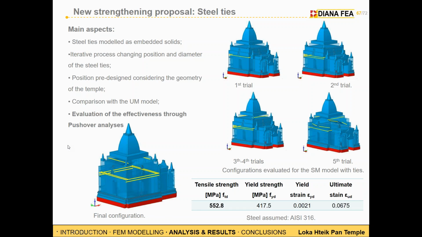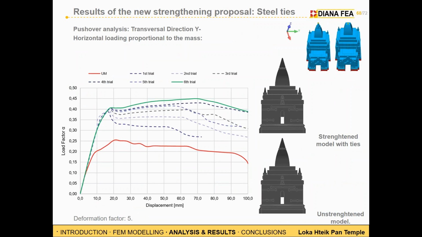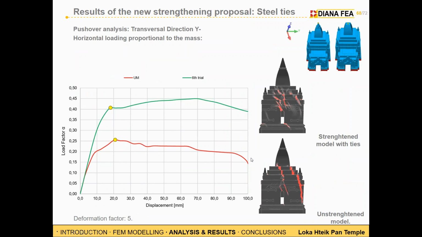And because of time, because I had to deliver my thesis, I could just perform pushover analyses that are quite a bit faster than dynamic analyses. And so, as we did for the previous monument, we can compare the unstrengthened configuration, which is below, and the strengthened configuration with the steel ties.